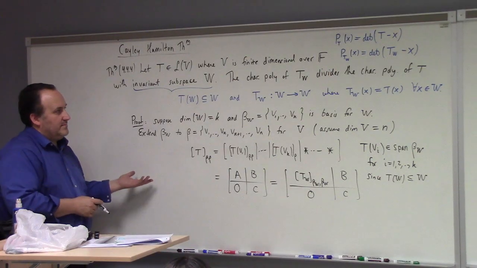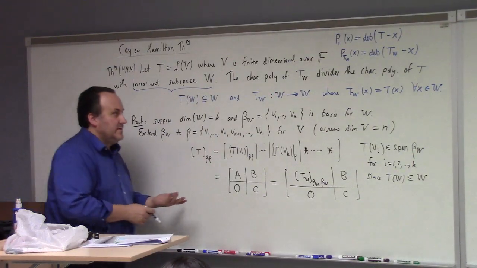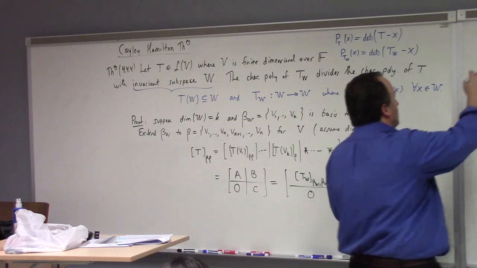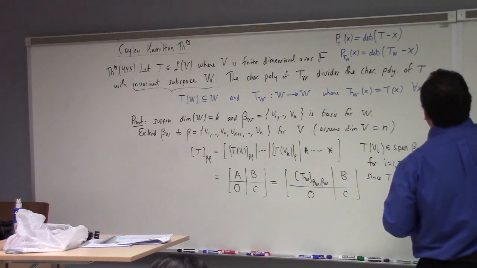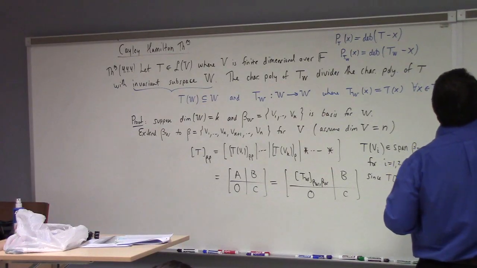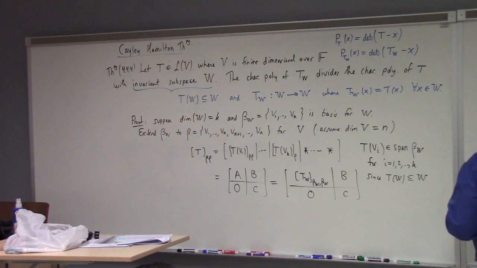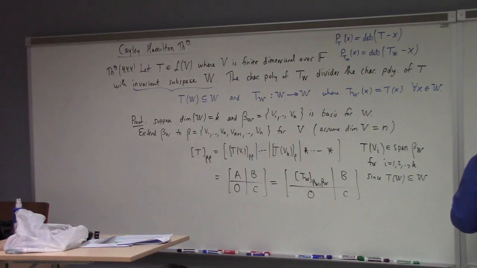And once you have that, the theorem becomes pretty obvious, because the P sub T_W of X we can calculate from the determinant of the matrix of T_W in the beta basis minus X times the K by K identity, right?